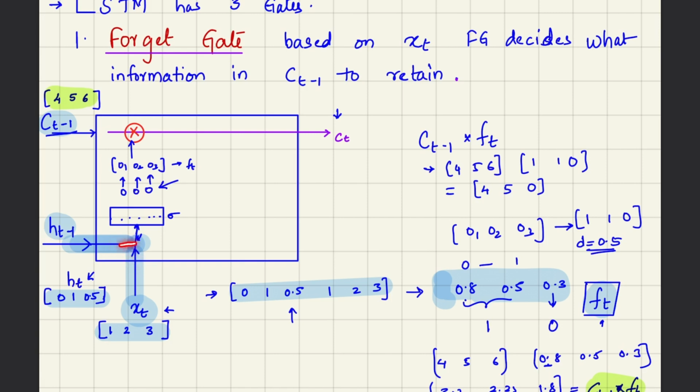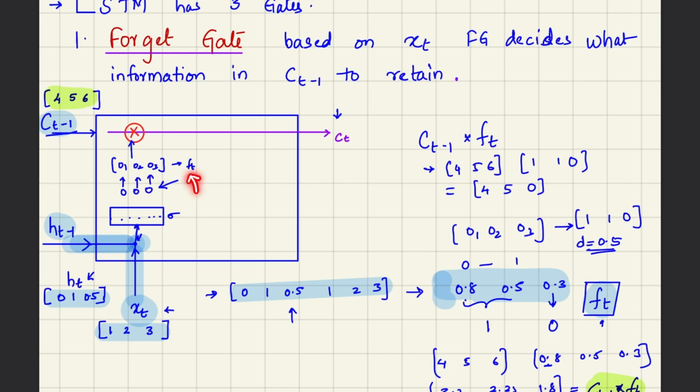This concatenated vector is fed into a fully connected ANN network which has sigmoid as the activation function. And here I have taken three output neurons. That's why there are three outputs, O1, O2 and O3. These three outputs will be present in a vector.